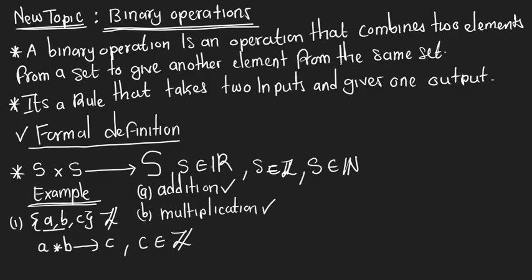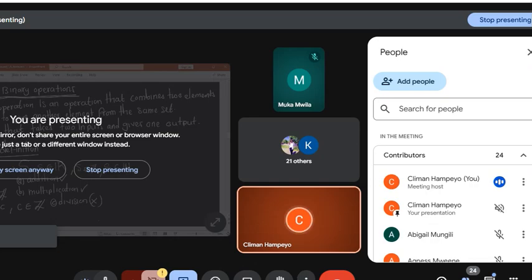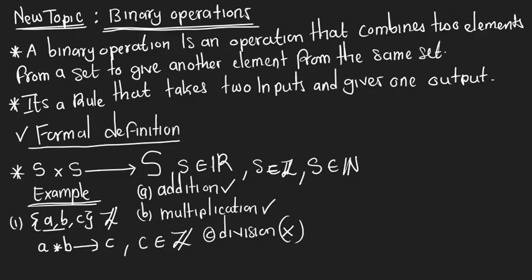They give a proper binary operation, a possible binary operation. But in most cases, division doesn't. Take note, addition does, multiplication does, but in most cases, division doesn't. Now, I want to look at certain properties, I'll say important.